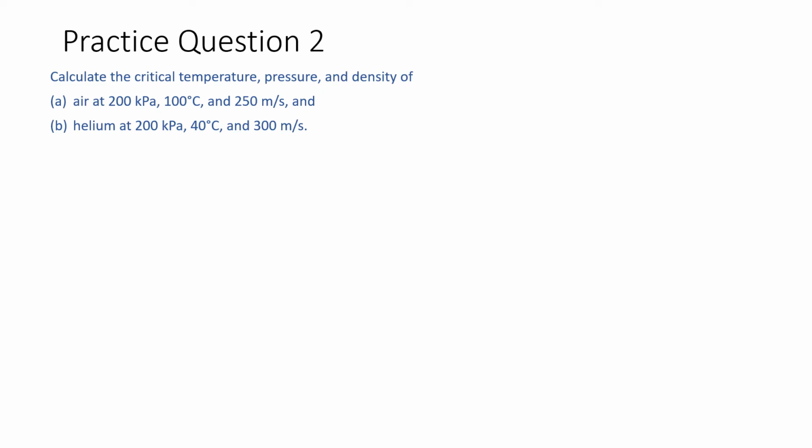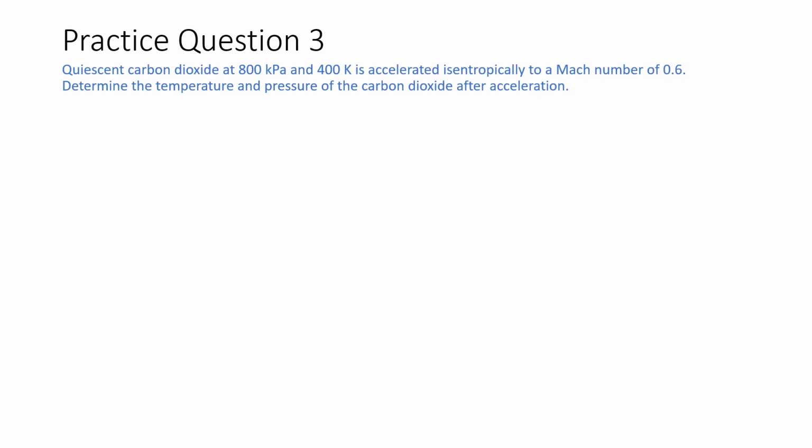Solution is available in the lecture notes. Same thing here for question 3. I'd just like to explain that this word quiescent means dormant, inactive. So inactive CO2 at so and so is accelerated isentropically. You can try this question. Solution is provided in the lecture notes.